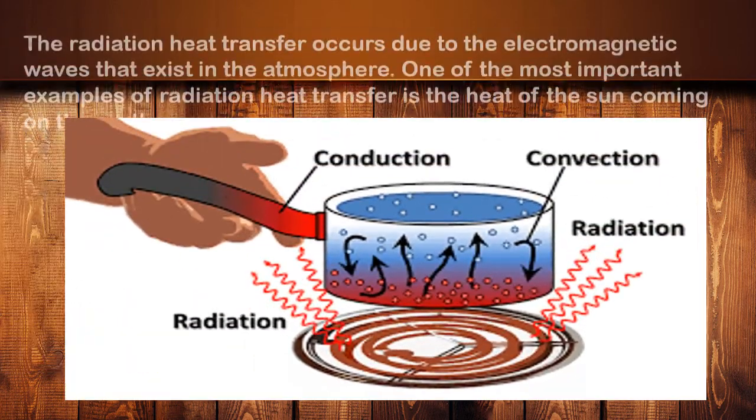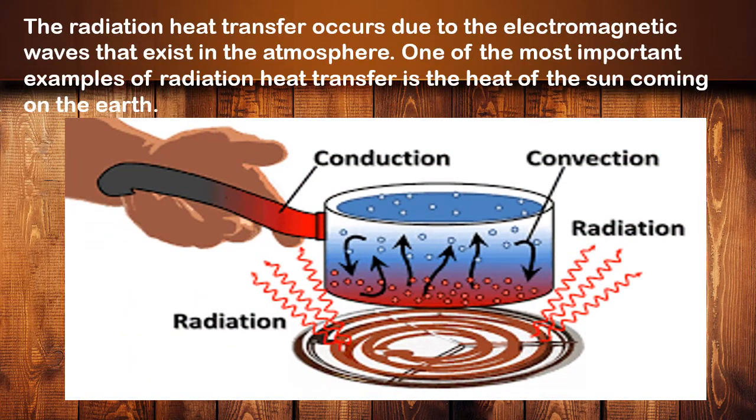So let's go through this image, which shows us how these three heat transfer mechanisms work. You can see one person holding a utensil with a handle, placed on the flames of a gas stove, and from the flames, where there is no media, radiation occurs.